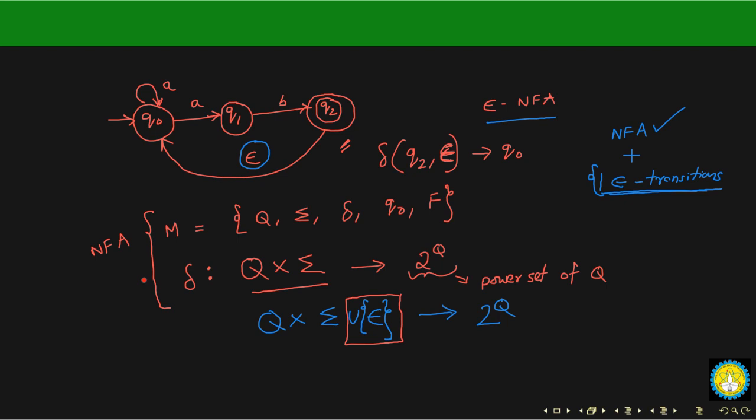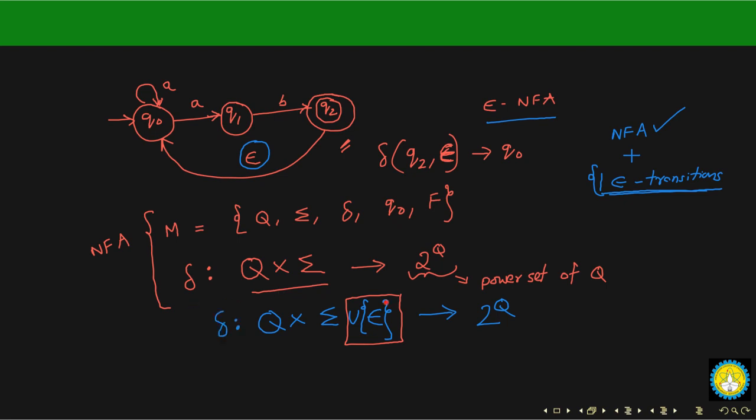This is the only difference between the mathematical definition of an epsilon NFA and that of an NFA. All other things remain the same. Q is the set of states, sigma is the set of alphabets, and delta is the transition function, Q0 is the starting state, F is the final state. All these things are going to be the same. The only difference is in the definition of the transition function.